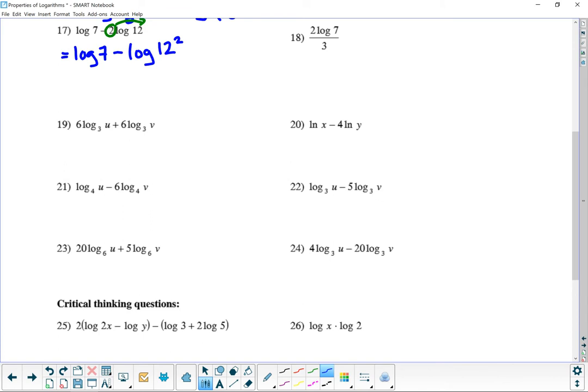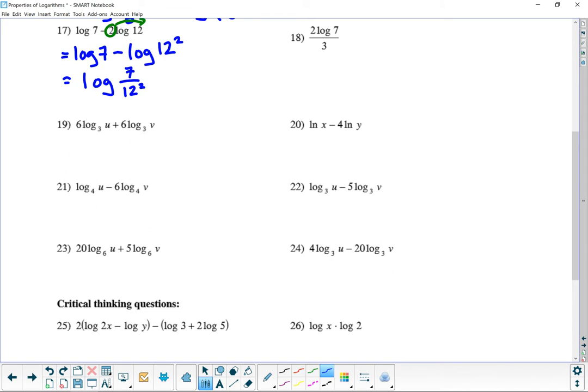Because if I made it into 144, it could be a number of other things. Okay, so I'm going to leave it like that, and then I'm going to work out the subtraction. So this will be combined to a single log of 7 on top and 12 squared on the bottom, and that's all I'm going to leave it at.